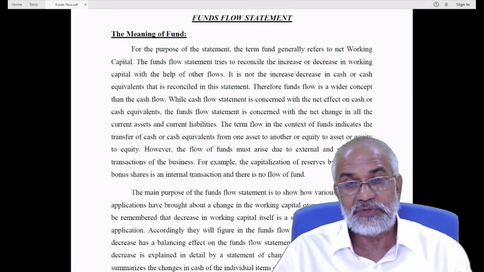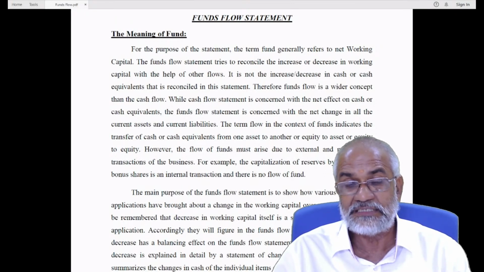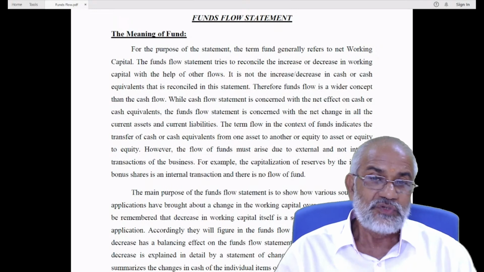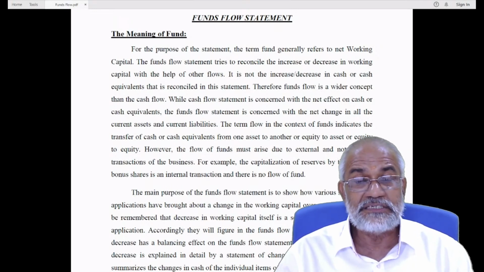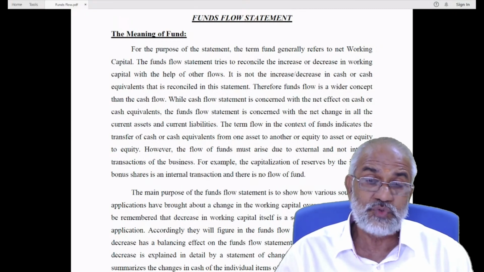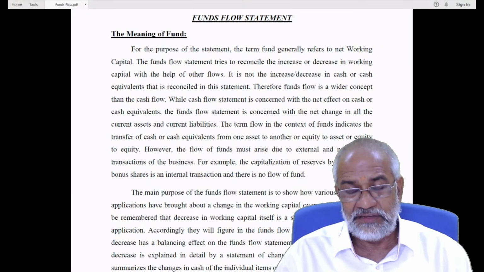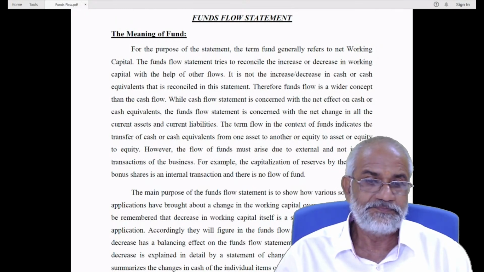So the fund position will remain the same, which is the net working capital, or the difference between the current assets minus current liability. So the second transaction also doesn't result in flow of fund, because the fund position remains intact as usual without any increase or any decrease.